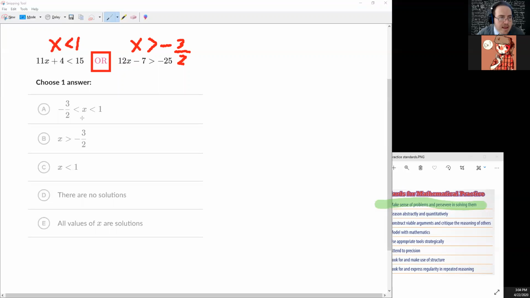You see, the problem with A being the answer, and I bet maybe this is why 6 people missed it, the reason I have a problem with it is that what this is really saying is that this is an "and" answer. Like x is less than 1 and x is greater than -3/2.